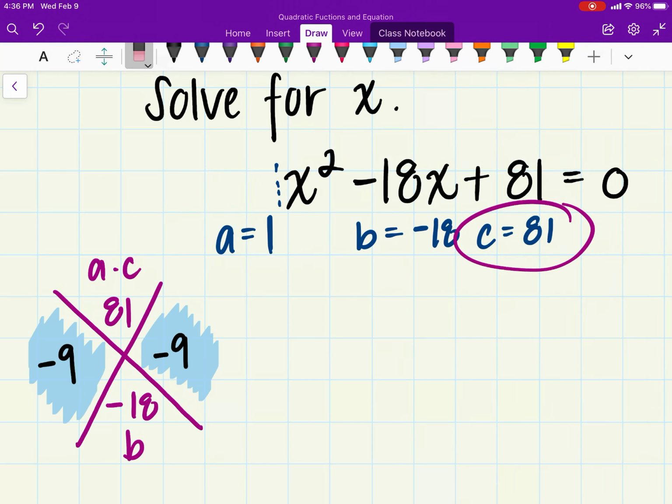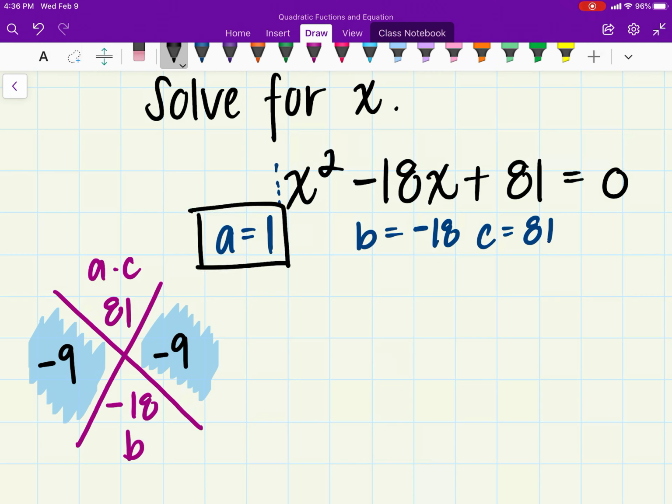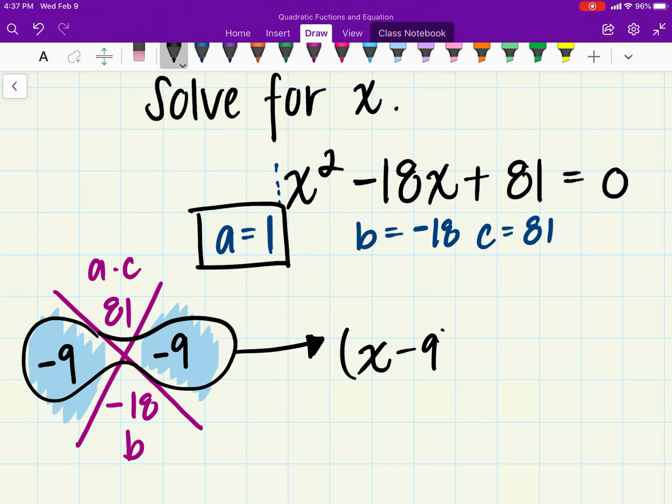Now, let's check here, guys, for our value for A. A in this case is going to be a 1. Because A is a 1, I could actually write my binomials on this side. That's going to give us x minus 9 times x minus 9 equal to a 0.